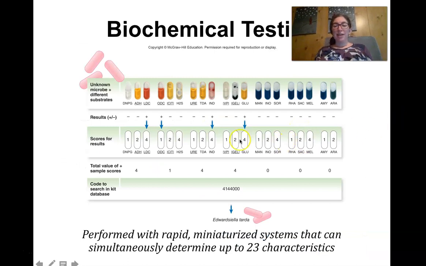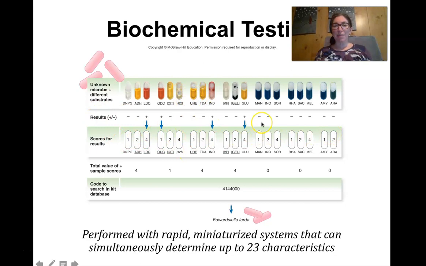All right, this is another version of that intero tube I showed you on the previous slide, where basically you have some tube that you inoculate the whole thing, and then you look at these very small chambers, and you can observe either color changes or in some cases gas bubble production, and then you record the results.